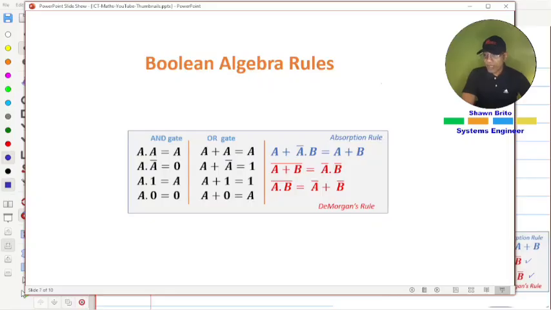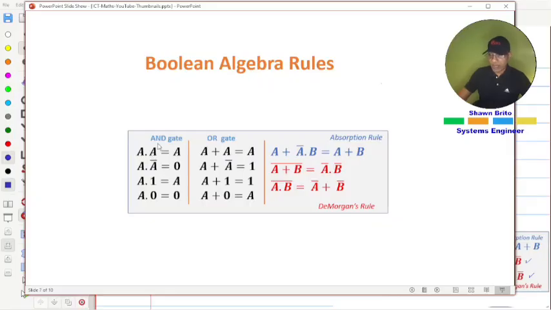So in Boolean algebra, I have put a few of the common Boolean algebra rules. We are not going to prove any of these rules, right? If you want, you can do a simple truth table, and then you can see that the rules work.